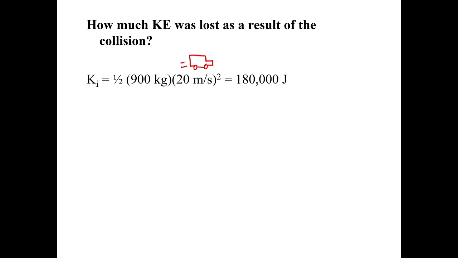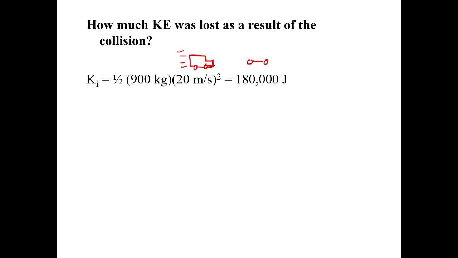So an interesting question, at least to me, is how much kinetic energy is lost in that process. So we're going to have to calculate the kinetic energy initial. If we remember, initially, only the little car was moving.